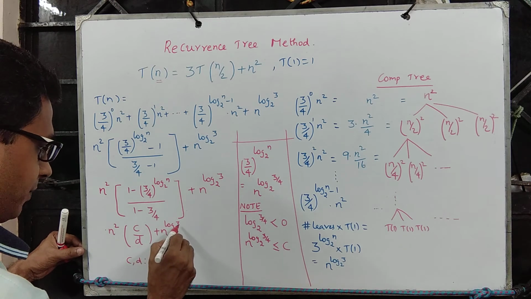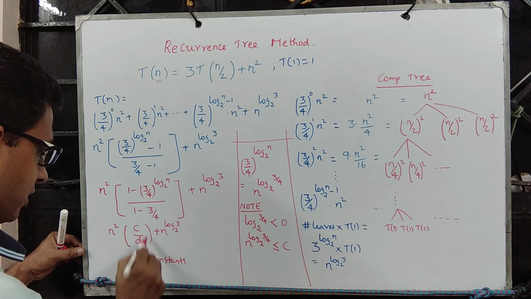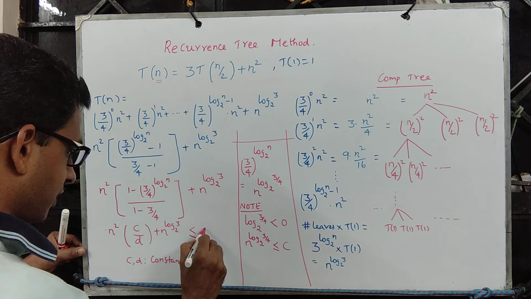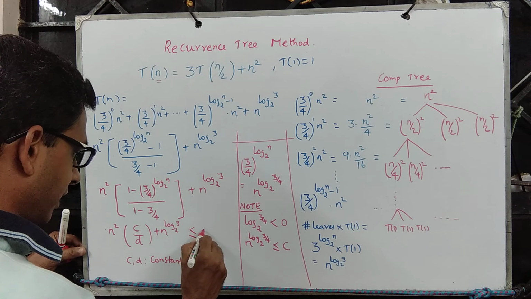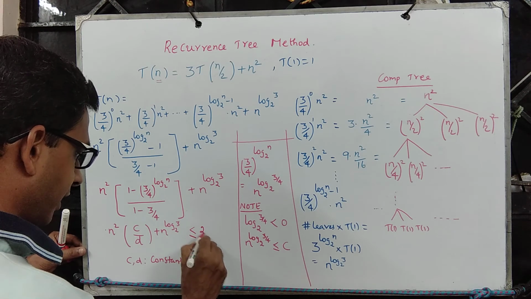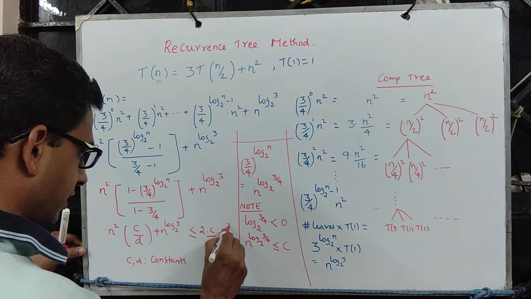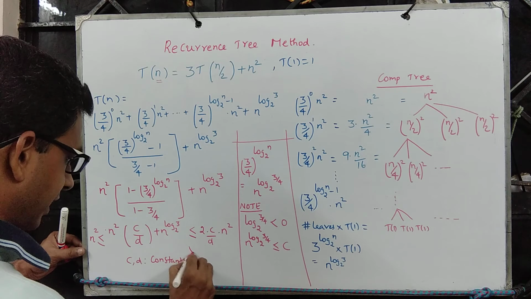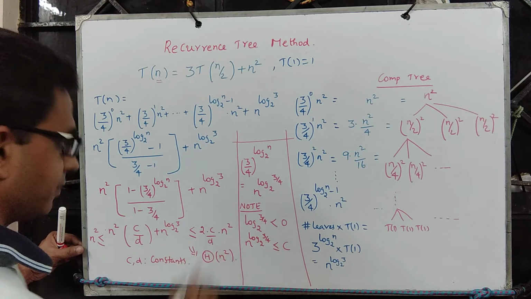Please note n power log 3 base 2 over n square is upper bounded by some constant. You can even say c by d and so on, and so this is upper bounded by say 2 times c by d times n square, and lower bounded by n square. So that shows that the solution to this recurrence is theta of n square.